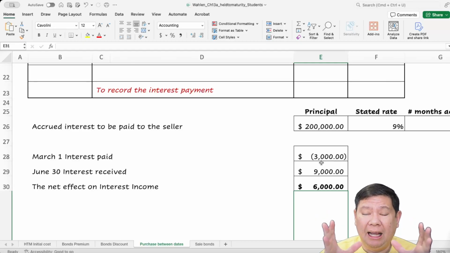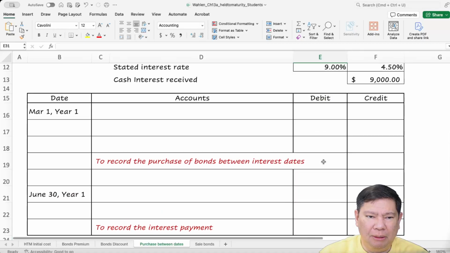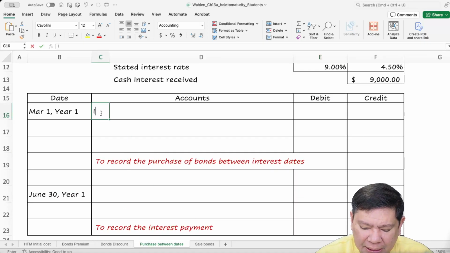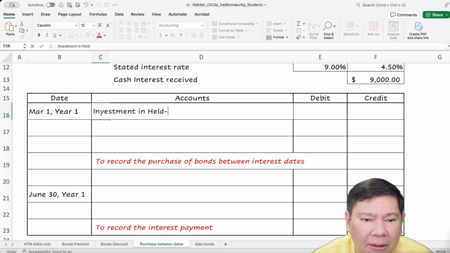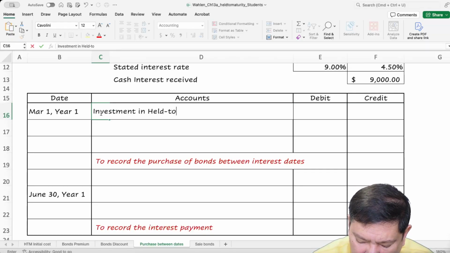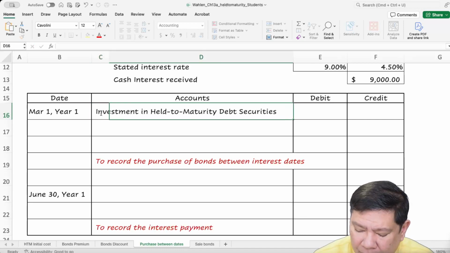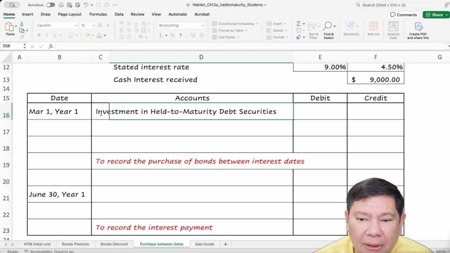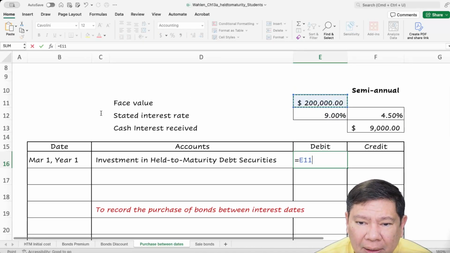We will have the investment on our asset. So March, April, May, and June. Okay, so we will have our investment in held to maturity debt securities, which is $200,000.